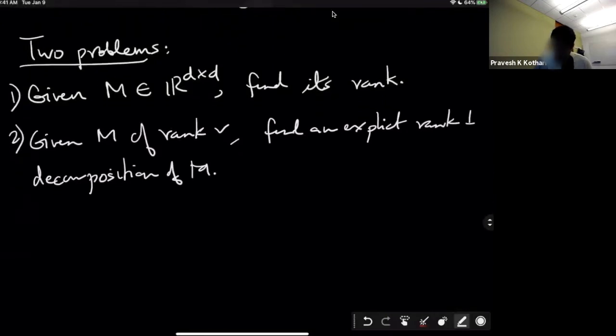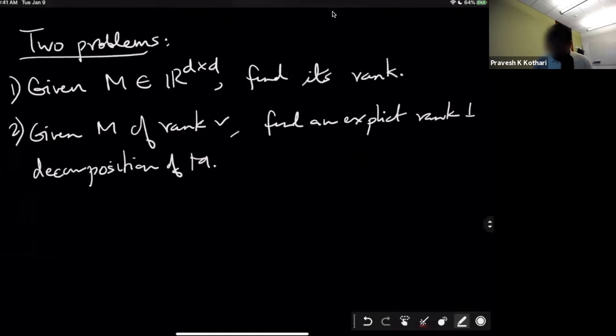So, in the usual tradition of asking trivial questions, let me begin right away. What do you think is the complexity of these two problems? What do we know about algorithms for solving these two linear algebraic problems? Time to unmute yourself and tell me the trivial answers.